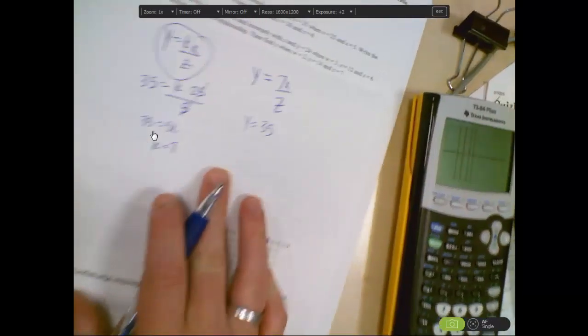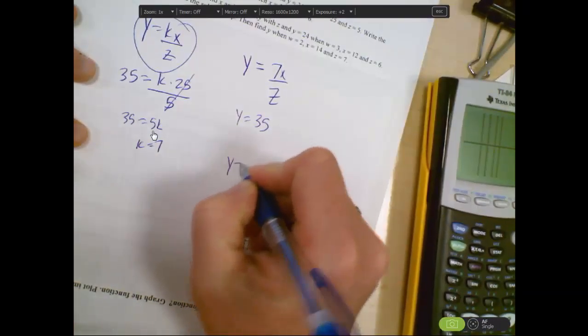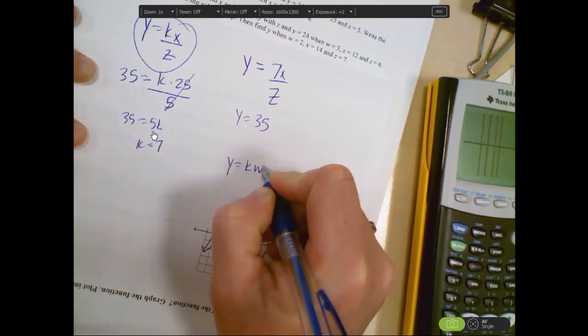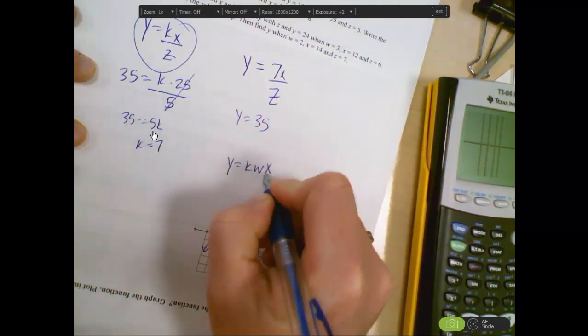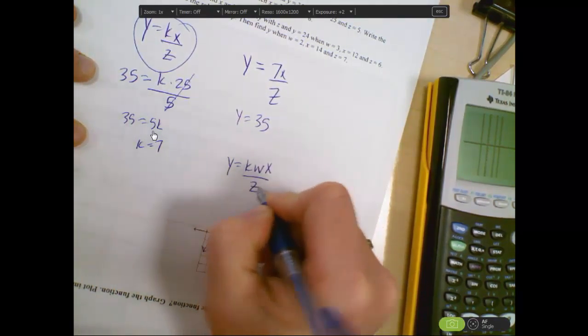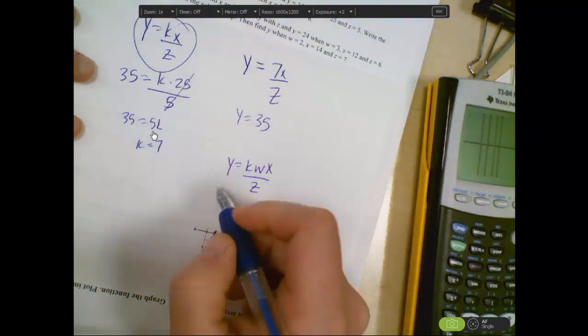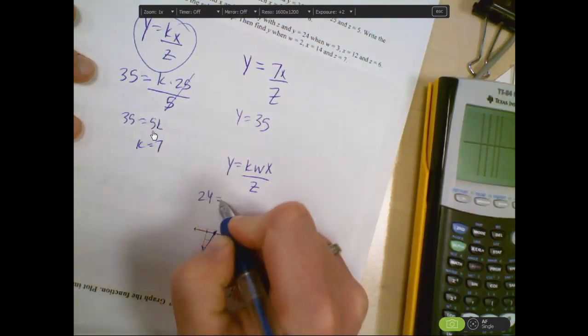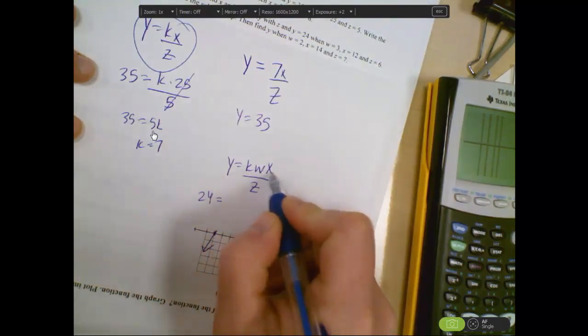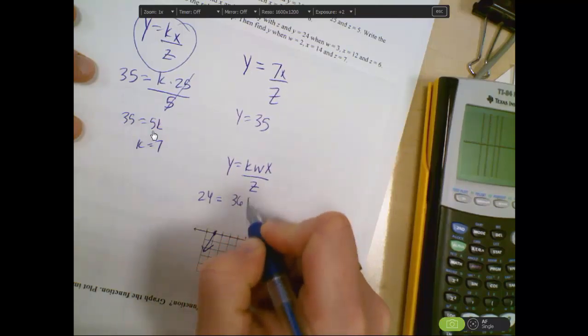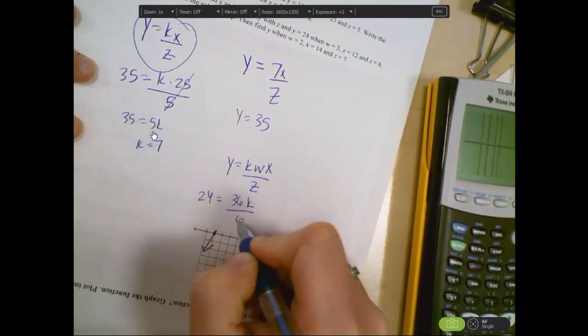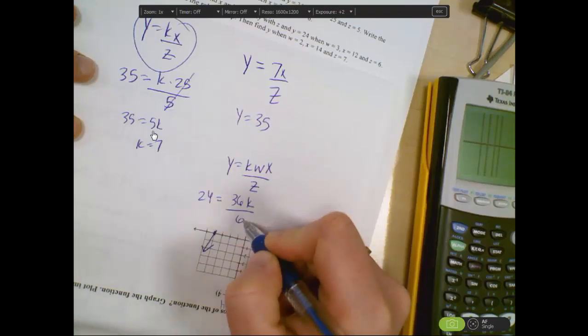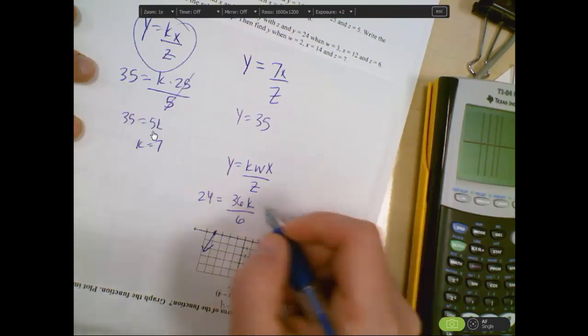Suppose that y varies jointly with w and x, y equals kwx, and inversely with z. Same thing. If y is 24, w and x are 3 and 12, so that's 36 times k over 6. That means 6k equals 24, k equals 4.